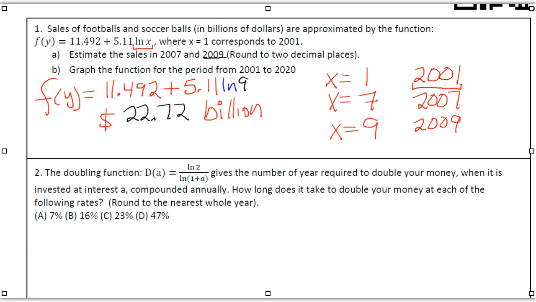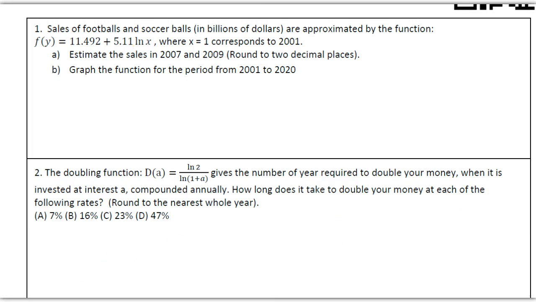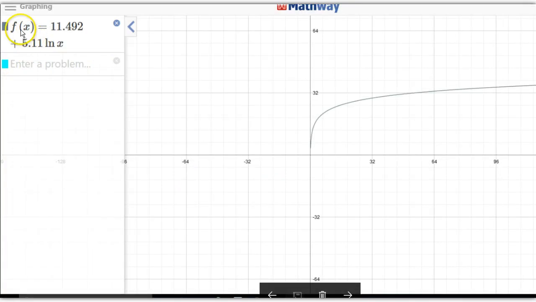Okay. Now they also ask for a graph of this. And when I put in this general form here, using Mathway, I get a graph that looks like so.